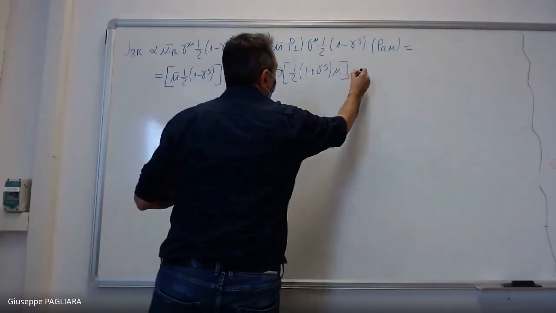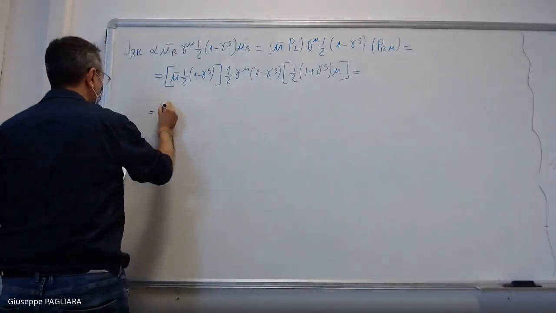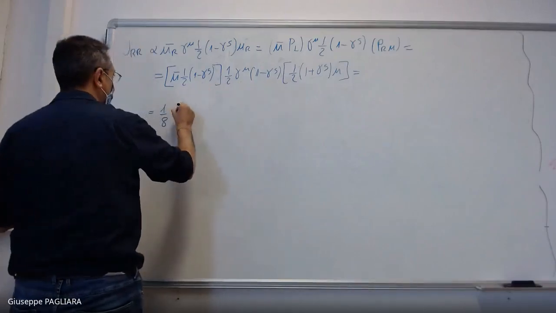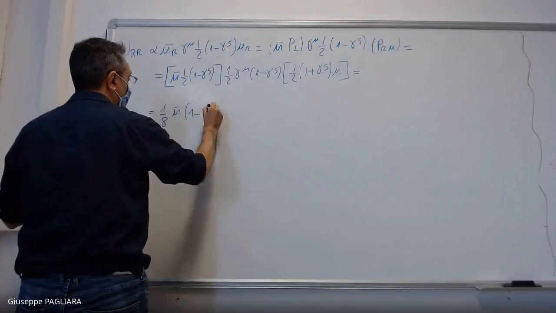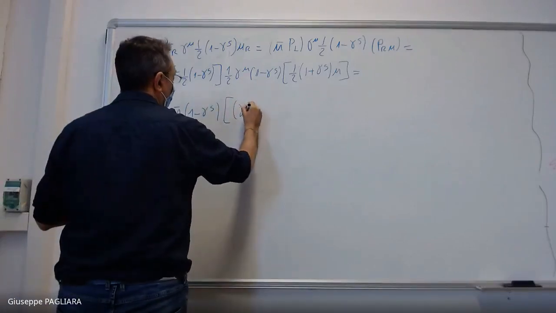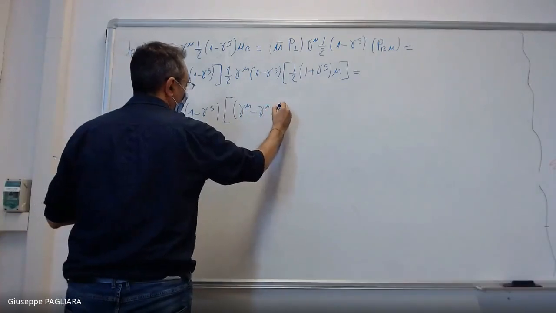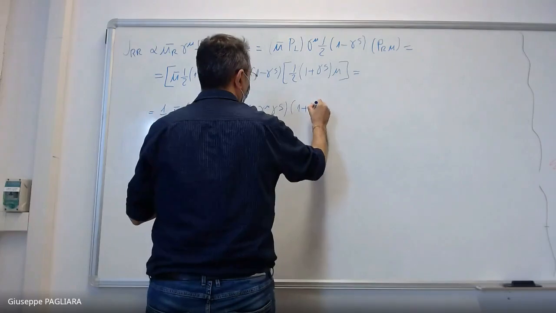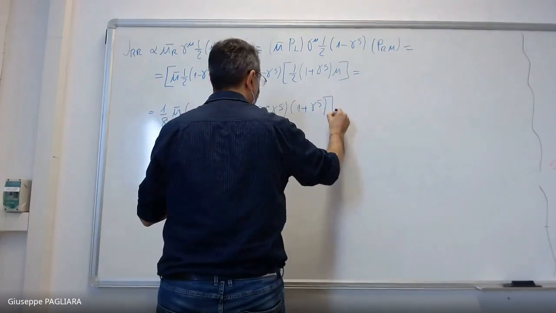Let's collect the terms. So this is 1/8, taking all these factors outside: ū (1 − γ5) γ^μ (1 − γ5)(1 + γ5).